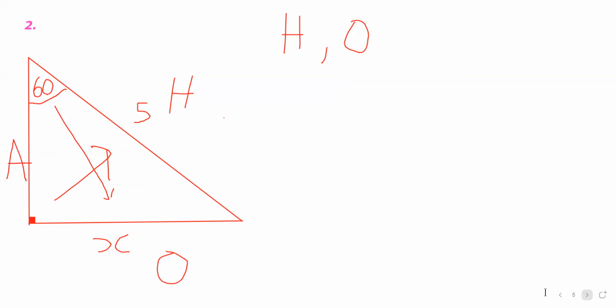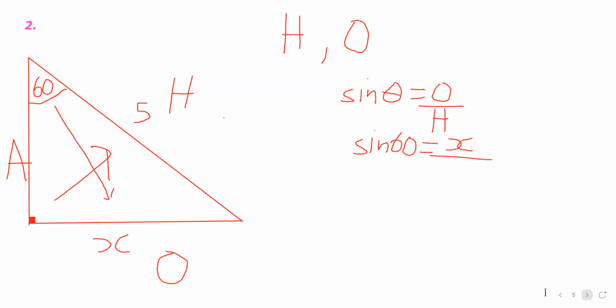Sine theta is opposite over H. In this case theta is 60, so you plug in: O, we don't know, over 5. So O equals 5 sine 60. We put it in a calculator, and we get 4.33.